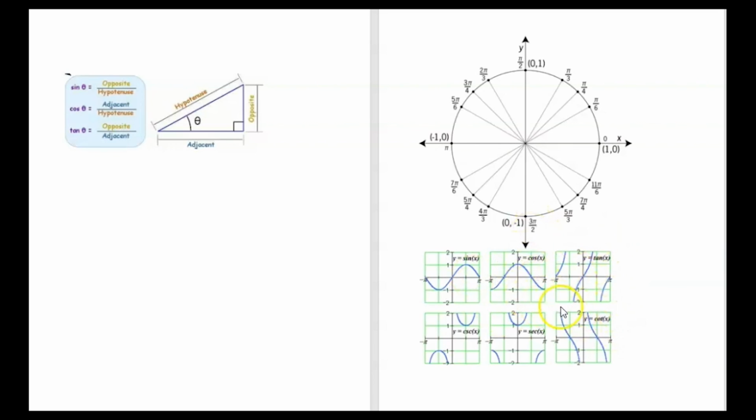Obviously, tangent is just going to kind of compile this. As you can see, if you look at the unit circle, you can determine what kind of values you're going to get from different radians. It's just a little bit different. So are these inverse, not inverse, but cosecant is just the reciprocal of sine. Secant is a reciprocal of cosine, and so is cotangent of tangent.